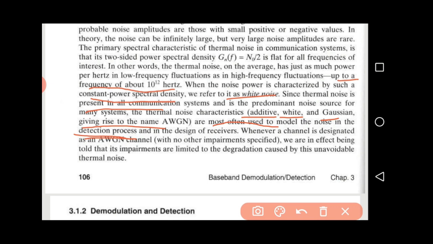Whenever a channel is designated as AWGN with no other impairments specified, we are in effect being told that its impairments are limited to the degradation caused by the unavoidable thermal noise.